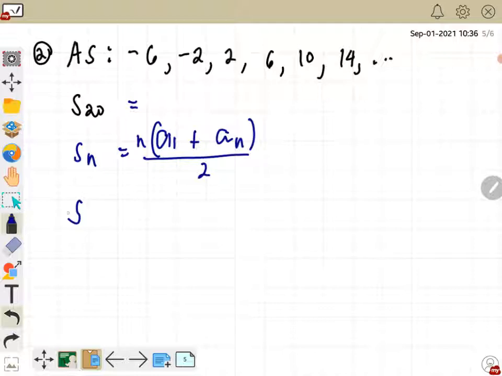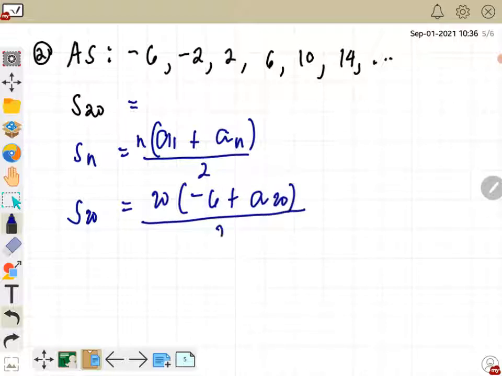Since you are looking for the sum of the first 20 terms, we get 20 times a sub 1, which is -6, plus the 20th term, which we do not know, and we simply divide it by 2.